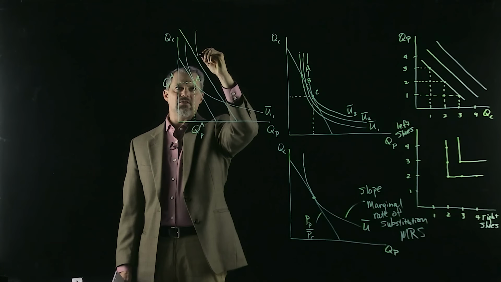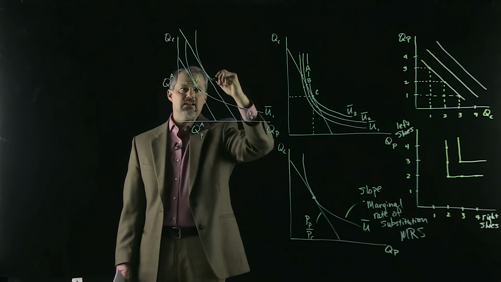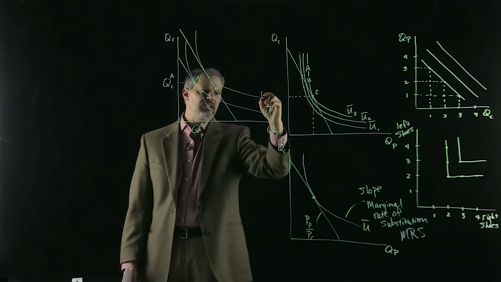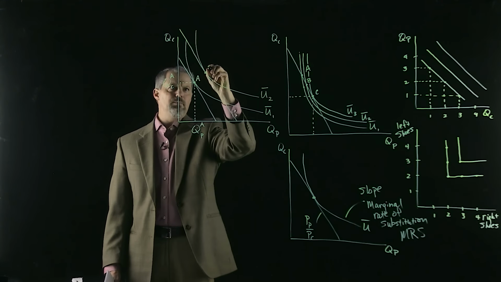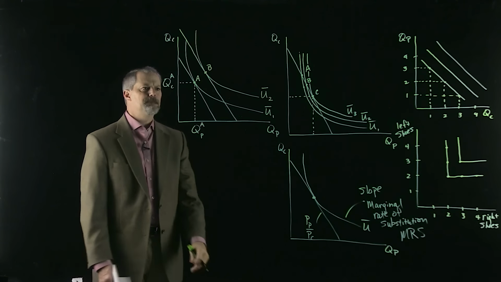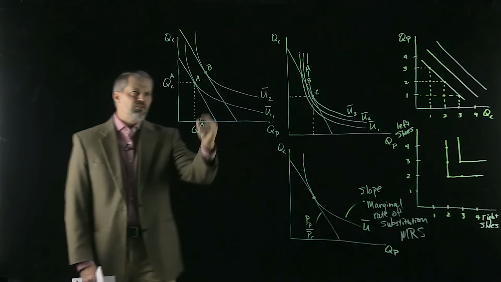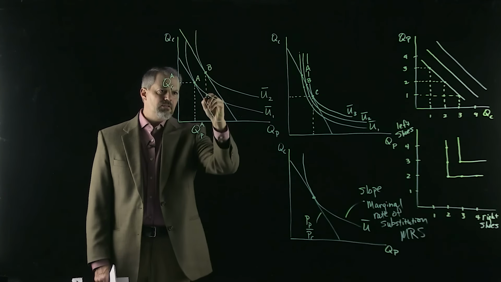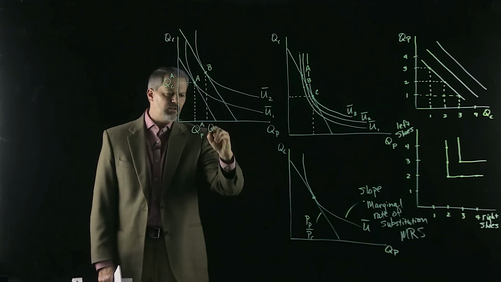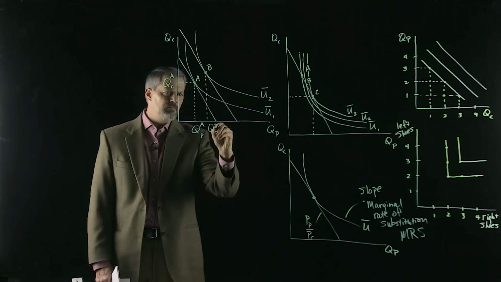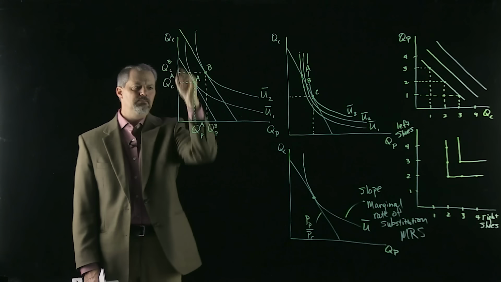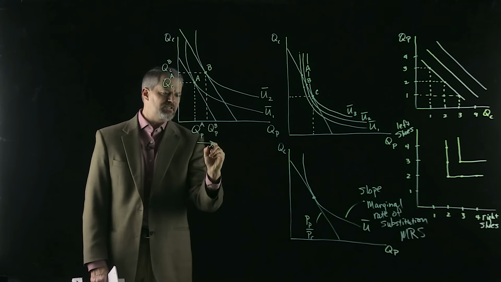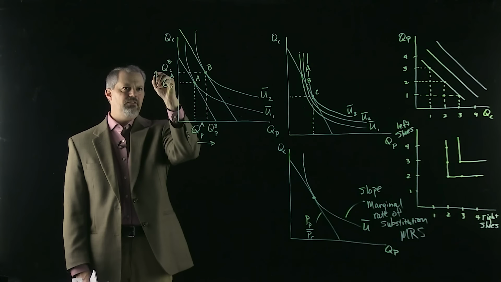Let's suppose the consumer ends up at a new point of tangency on a higher indifference curve, and we say point B. Okay? So let's look at how much pizza they're going to consume and how much Coke they're going to consume. Quantity of Coke B. Notice that the quantity of pizza went up and the quantity of Coke went up.